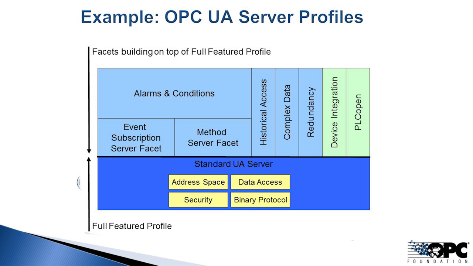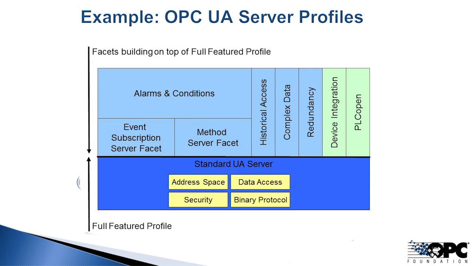On top of this full-featured profile, you now can have different facets describing more functionality. For example, the event subscription facet and the message server facet. So now this server can fire events, and it has methods to acknowledge those events. And that, of course, gives you alarms and conditions functionality.